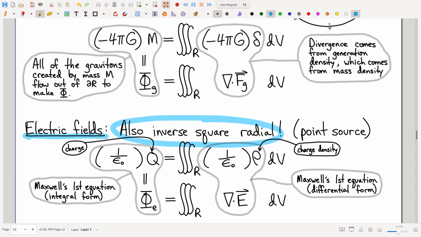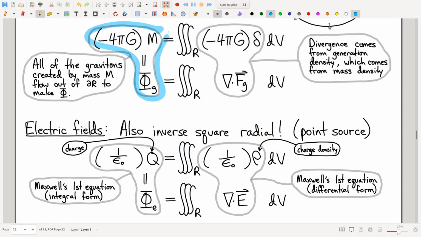So anyway, all the same ideas work. In the same way that mass is basically shooting out gravitons and therefore creates gravitational flux, or flux of the gravitational field, likewise, charge is shooting out little particles, whatever these little particles are that communicate electric fields, which then create electric flux, or flux of the electric field.